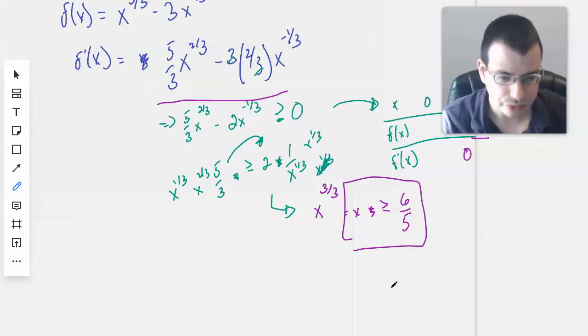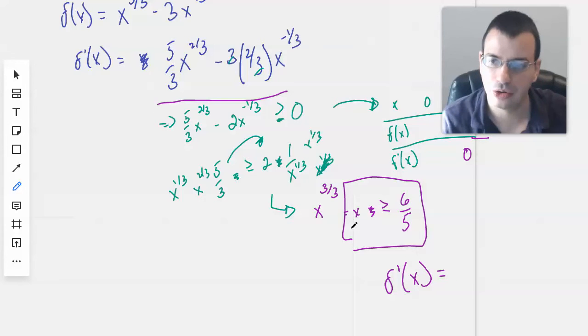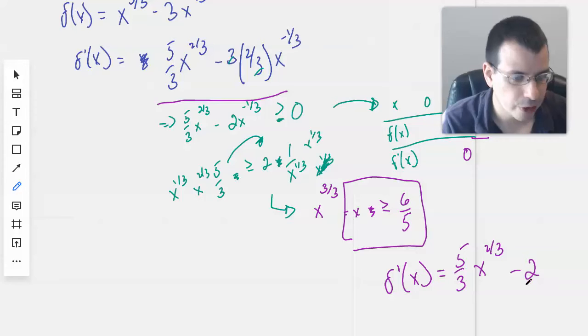So we found that f prime of x equals 5/3 x to the 2/3 minus 2 over x to the 1/3.